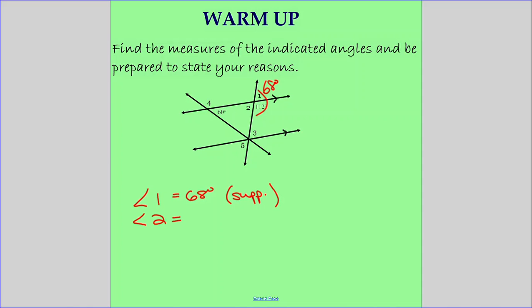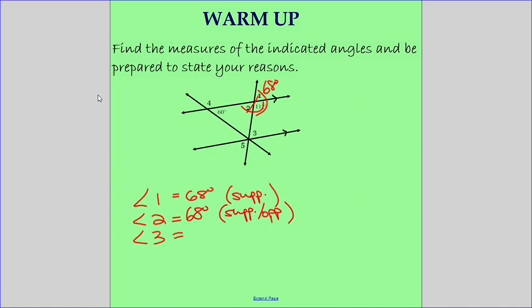Angle 2 is opposite of angle 1, or it's supplementary to the 112. So we could either say it's the opposite, or we could say that it's because they have to add up to 180 again. So angle 2 is also 68 degrees, and we can say that that's supplementary, or it's opposite, and both will work.